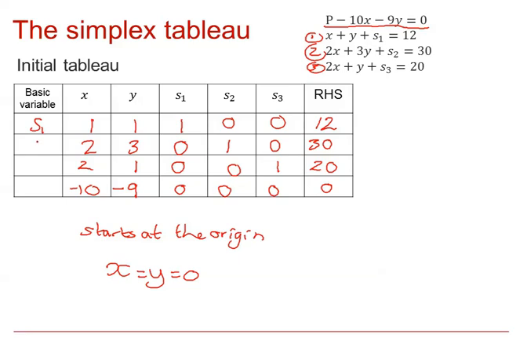For the second constraint, it must be S2. For the third constraint, S3. And for the objective function, this must be P. So we need to make sure you leave some space on the right hand side of this table here in order to do some calculations when we do our iterations.